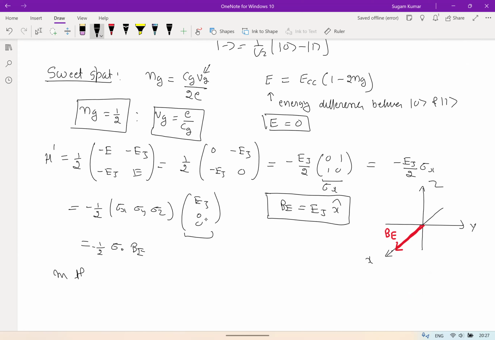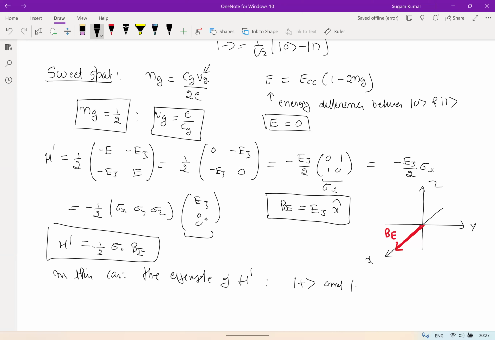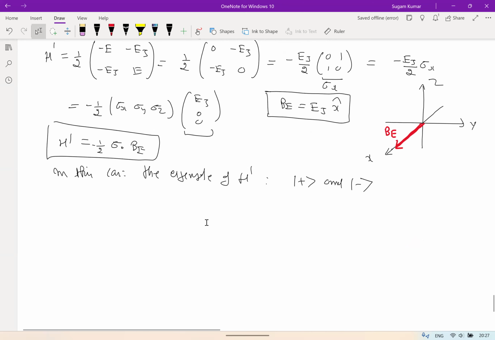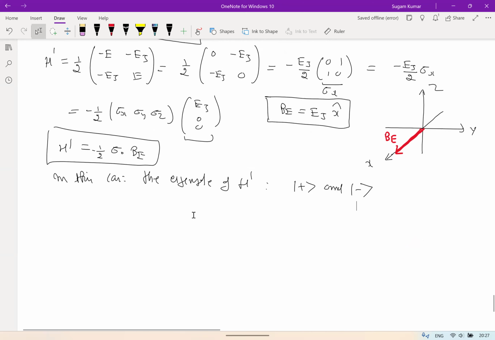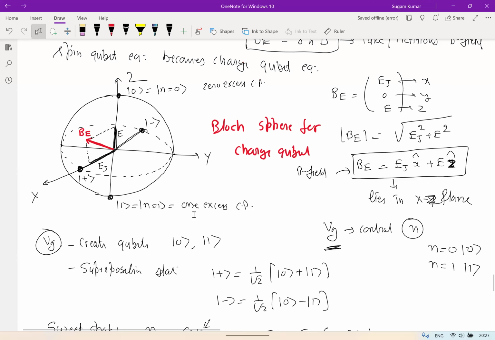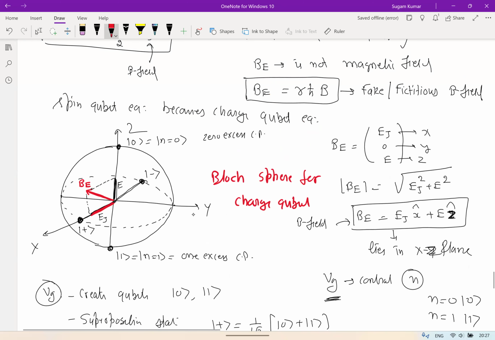So in this case, you can solve this eigen matrix and find the eigenstates. The eigenstates of H dash will be plus and minus. So here you can see that when this B_E is along this direction, then only plus and minus will be the eigenstates.